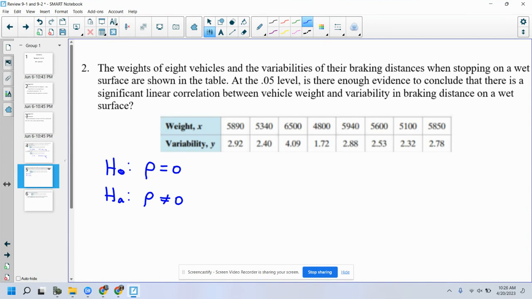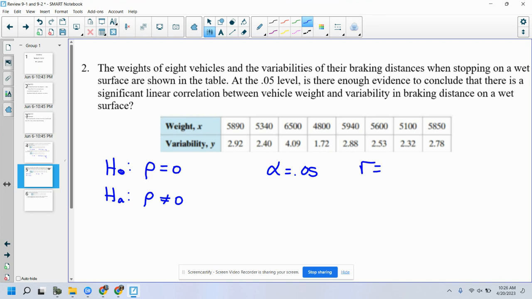So I have my null and my alternative hypotheses. I can see the alpha is 0.05 level. This is a two-tailed test, obviously. Is there enough evidence to conclude that there is a significant linear correlation between the vehicle weight and variability?